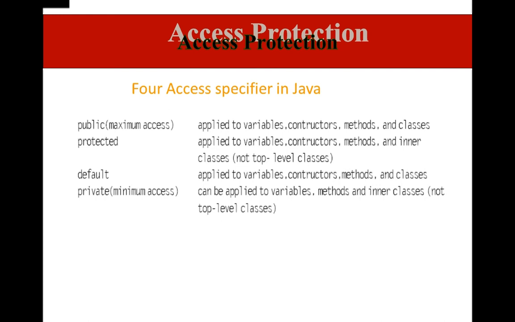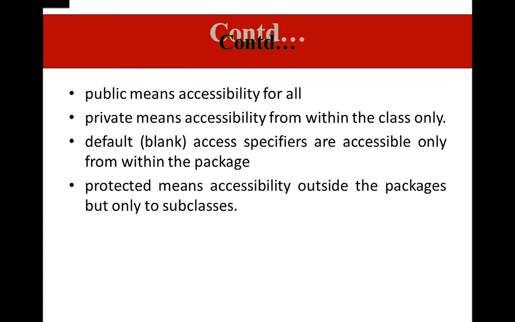Let's see what the scope of access is for these variables, constructors, methods, classes when we use these 4 different access modifiers or access specifiers. Let's look at the public keyword first. When you use public before a variable, that variable is known to any program. The only thing is you have to have an object of that class.